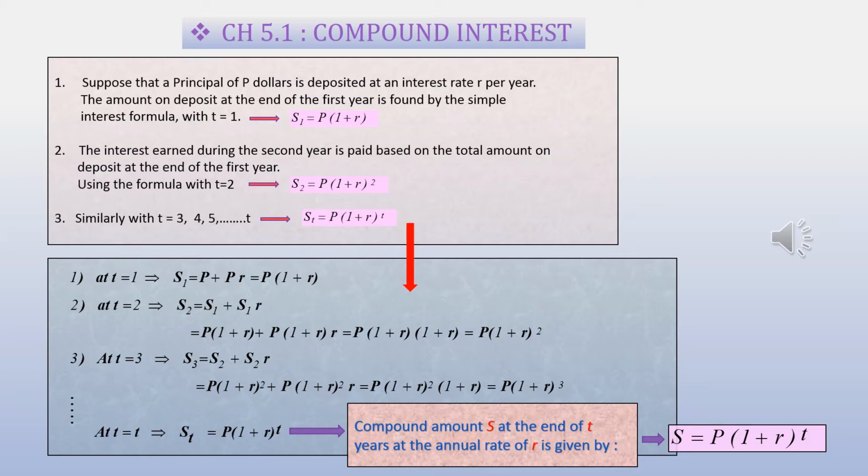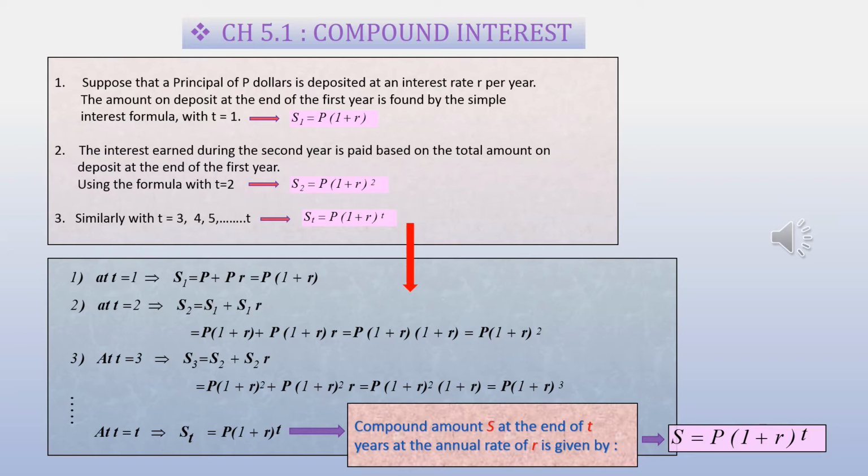At t equal to 2, S2 equal to S1 plus S1 multiplied with R. So S1 here is the principal in the second year. And we substitute S1 with P multiplied with 1 plus R, we will have P multiplied with 1 plus R plus P multiplied with 1 plus R multiplied with R. So we will have the end result of S2 as P multiplied with 1 plus R to the degree of 2.